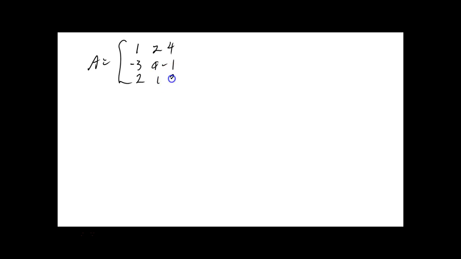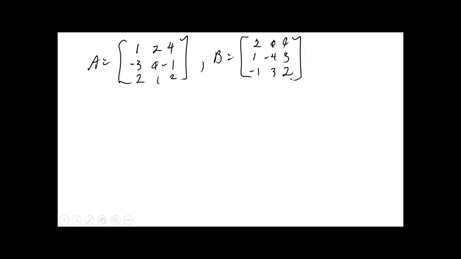And here's your B: 2, 0, 0, 1, -4, 3, and -1, 3, 2. There's your two matrices.